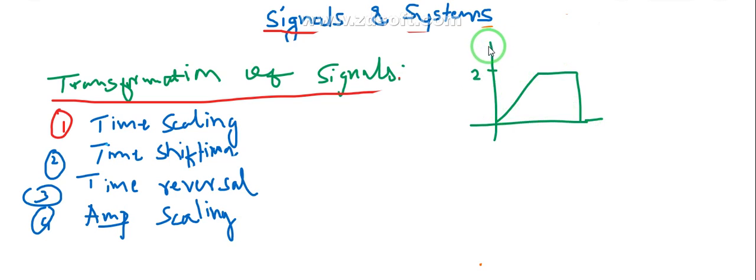Let us consider the amplitude of the signal is 2. That is x of t. Consider the x of t signal. This is the time axis t. What will we do for amplitude scaling? For amplitude scaling, you should not go inside the bracket of the signal representation.